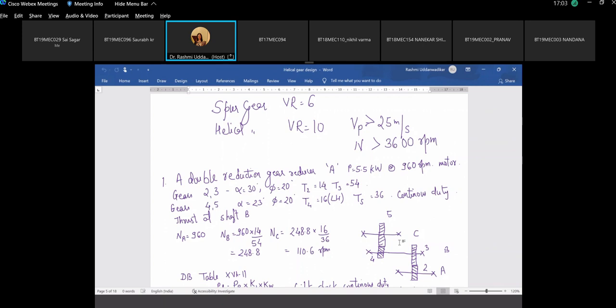What is thrust? If you want to calculate thrust, what is thrust? Manas? Dhanush?